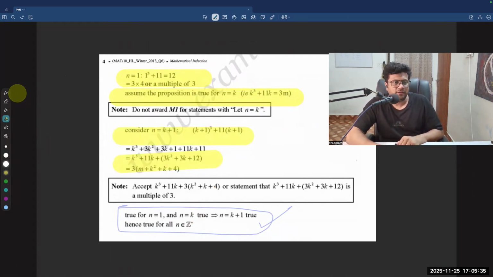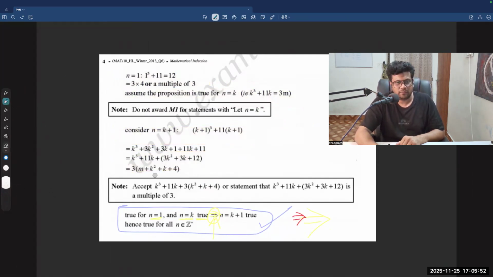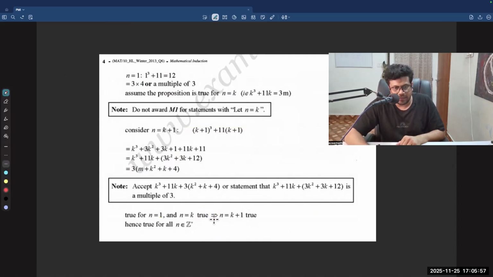And then they say, if it's true for n equal to 1, and if n equal to k is assumed to be true, this sign is read as "this implies that". This implies that it is true for n equal to k plus 1, then it is true for all.